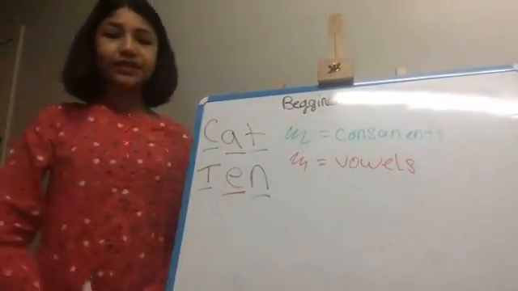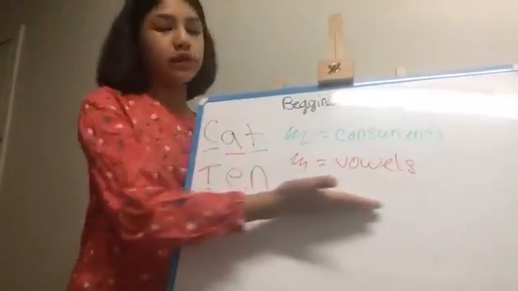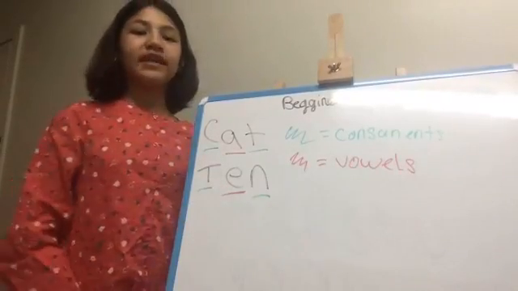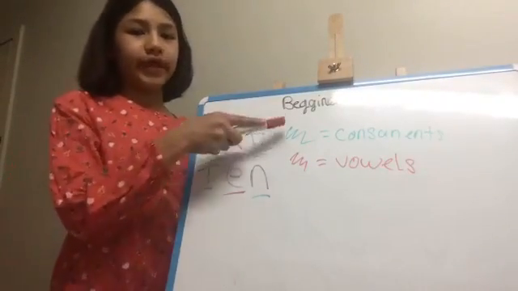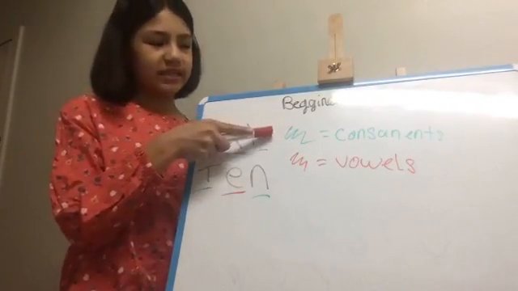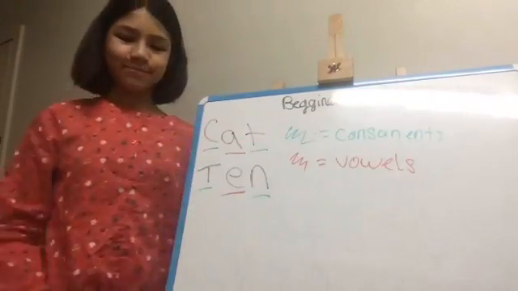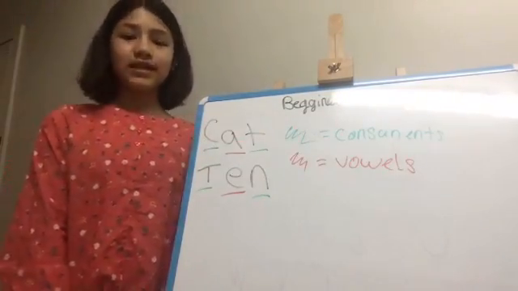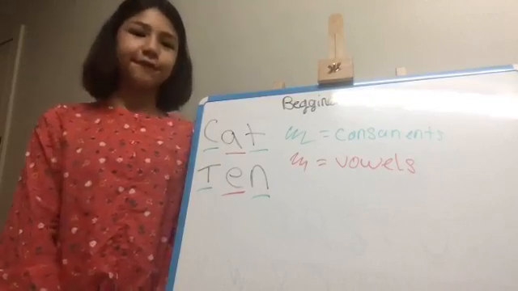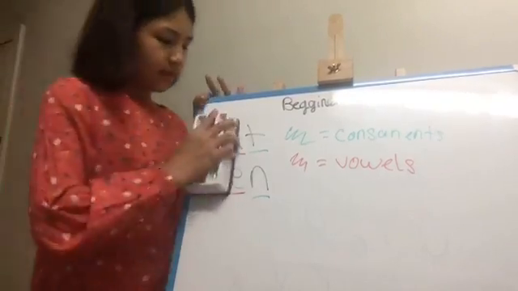So, as you can see, I have written down the key. Green equals consonants and red equals vowels. Let's try something different, shall we?